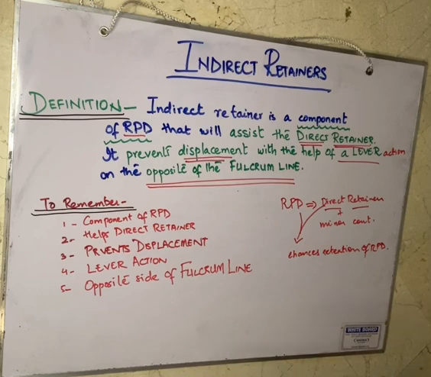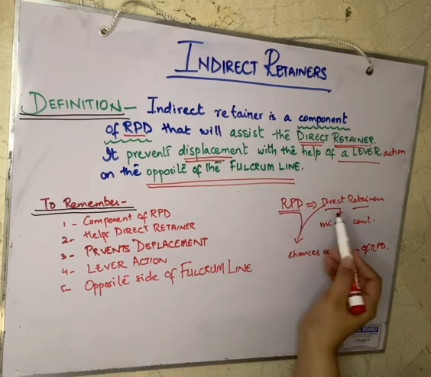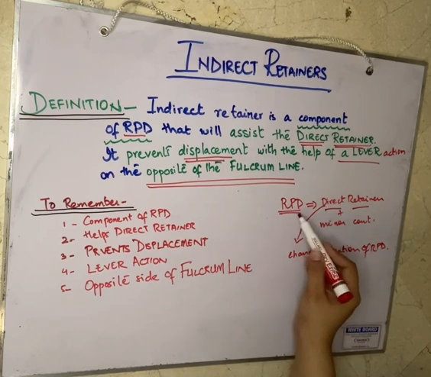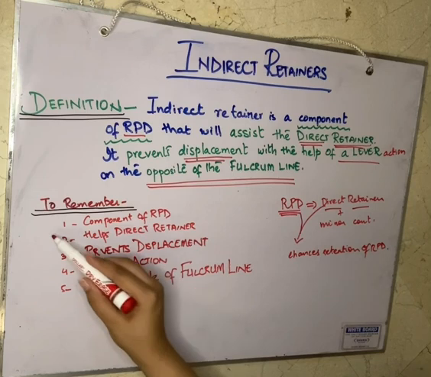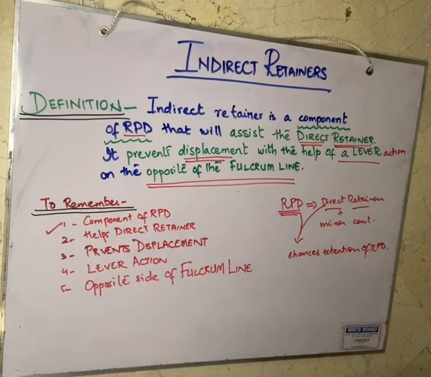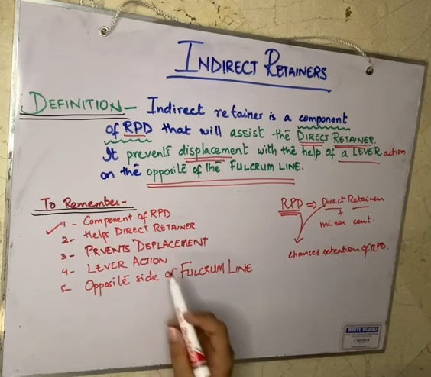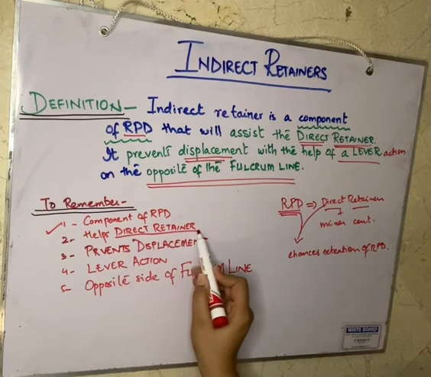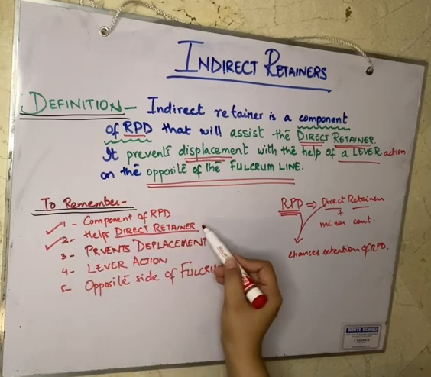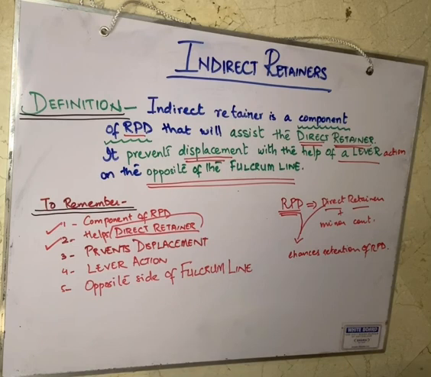So what is the way to remember this definition? Because it's a long definition, it's quite difficult for everyone to memorize. One thing is clear, that these are components of the RPD. So an indirect retainer is a component of the RPD. It helps the direct retainer, which is itself a component of the RPD.